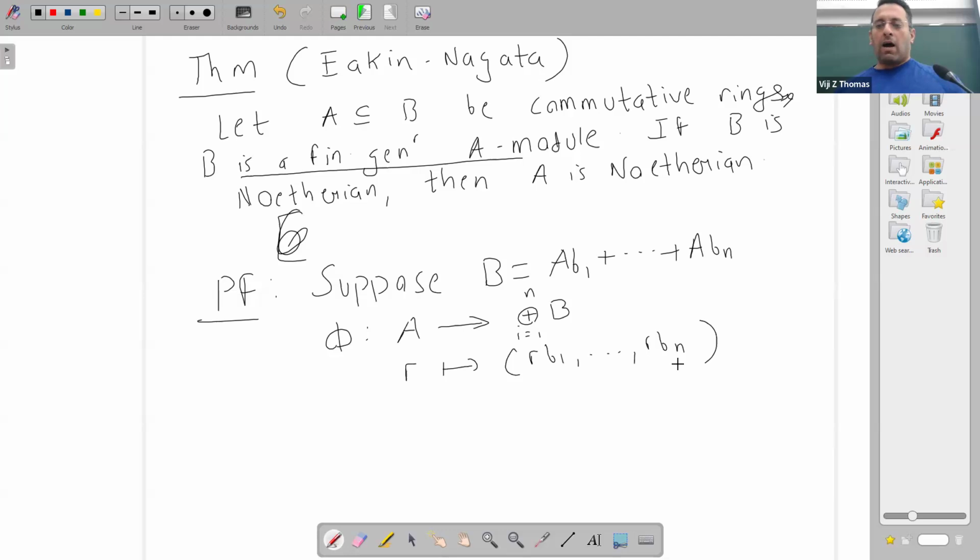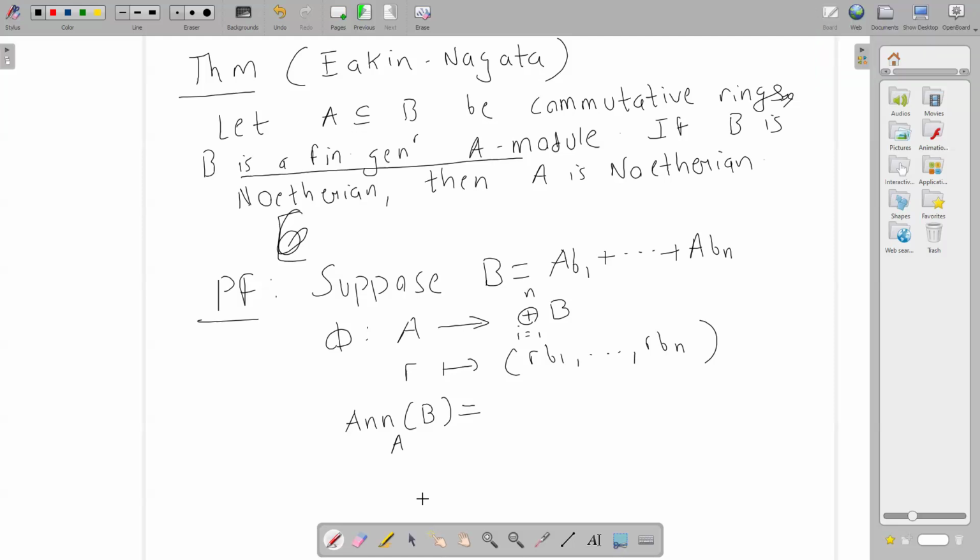Now, what can you say? Let me ask you one thing. What can you say about the annihilator of the A module B? B is an A module, B is also a ring, and A is a ring. All the generators should be annihilated.